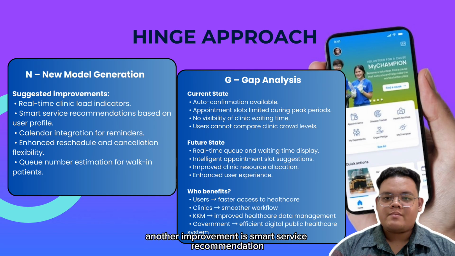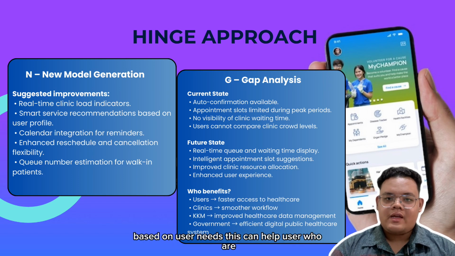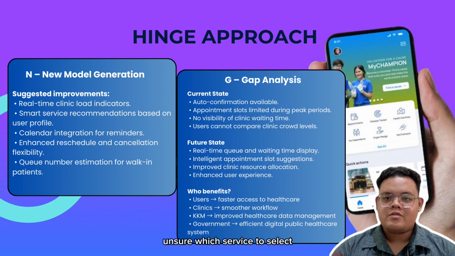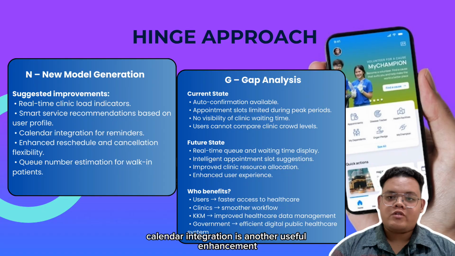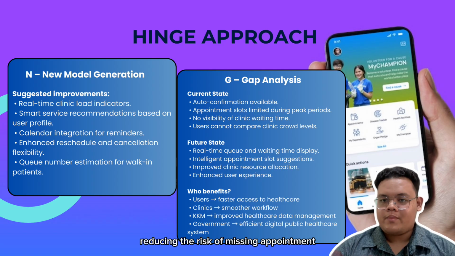Another improvement is smart service recommendation, where the system suggests suitable service based on user needs. This can help users who are unsure which service to select. Calendar integration is another useful enhancement. Appointment could be synced with user phone calendar, reducing the risk of missed appointment.